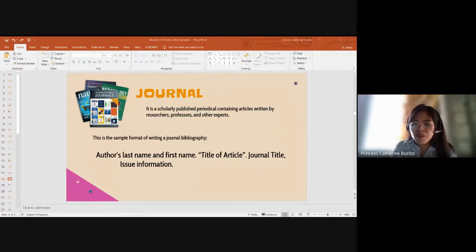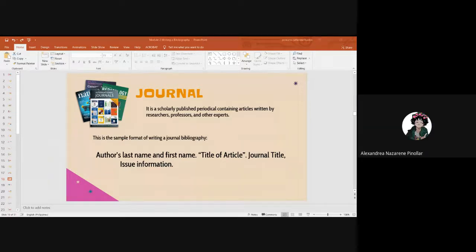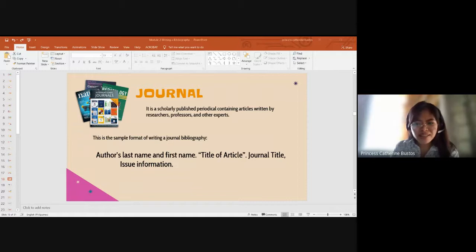Why do we need to put the title of article? Any guess from the class? Why is there a title of article and then a journal title? Yes, Alexandria. Ma'am, to know what it's about. To know what it's all about. Very good. What else?